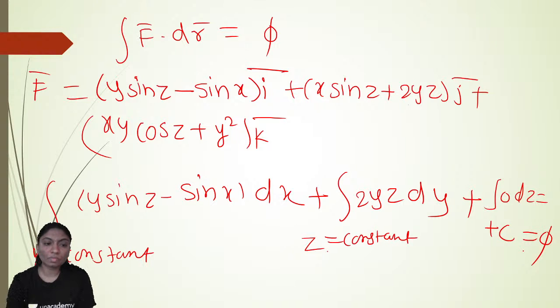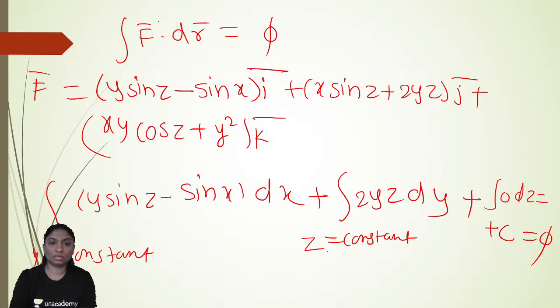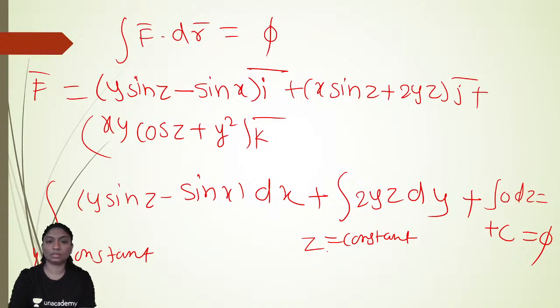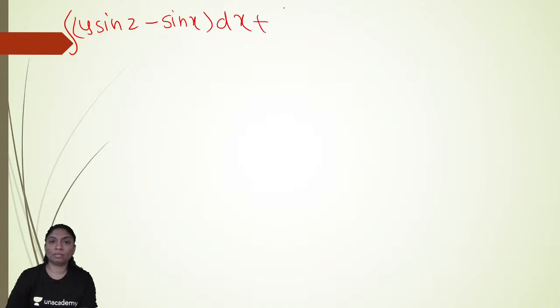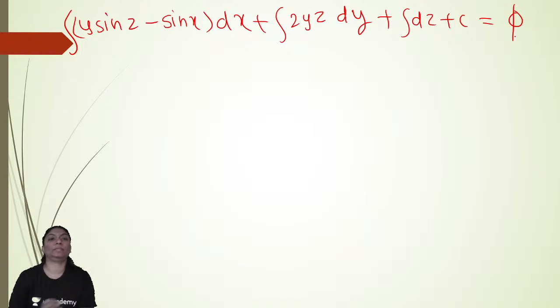We get integral of (y sin z minus sin x) dx plus integral of 2yz dy plus integral of 0 dz plus c equal to phi.